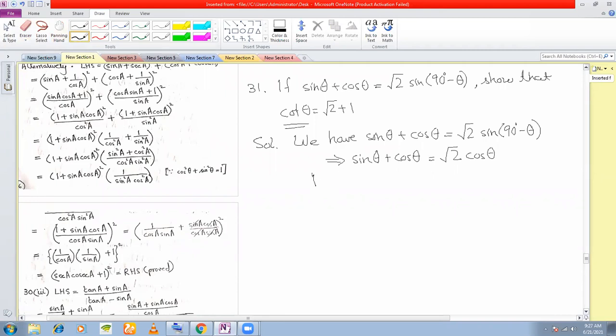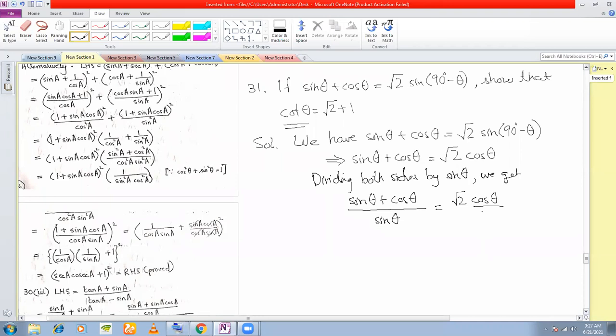So you divide both sides by sin theta. Dividing both sides by sin theta, we get sin theta plus cos theta divided by sin theta is equal to root 2 cos theta divided by sin theta.